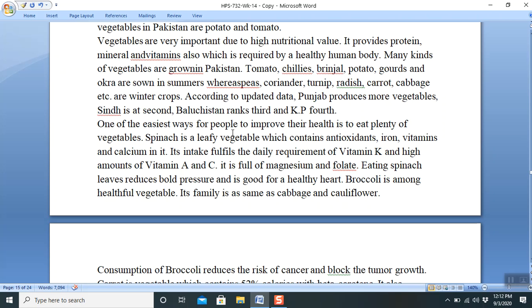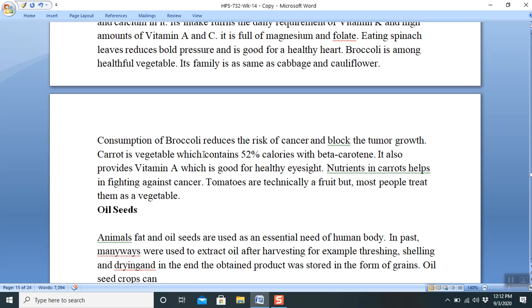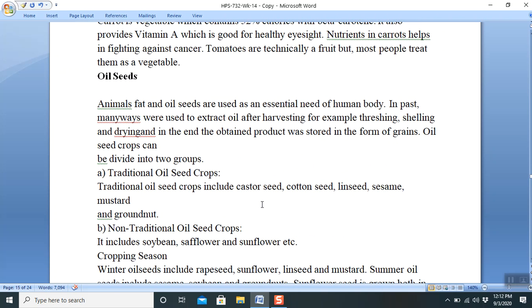Vegetables are cooked with various other things, like beef and chicken and many others. Clear? Here is tomato, chilies, brinjal, potato. These all are the vegetables which are used in a mixed way.